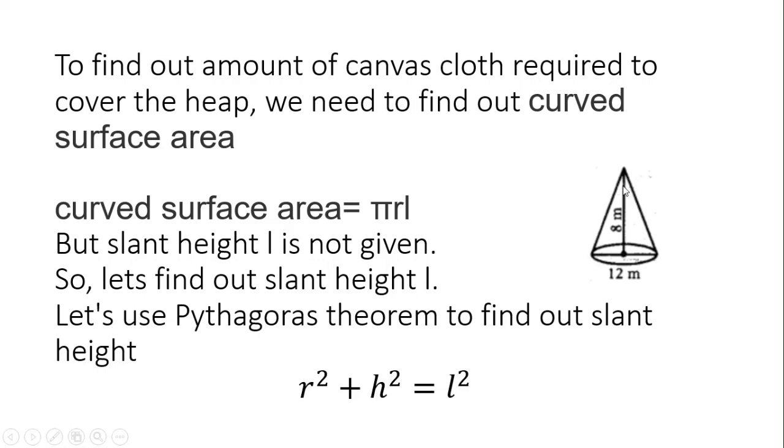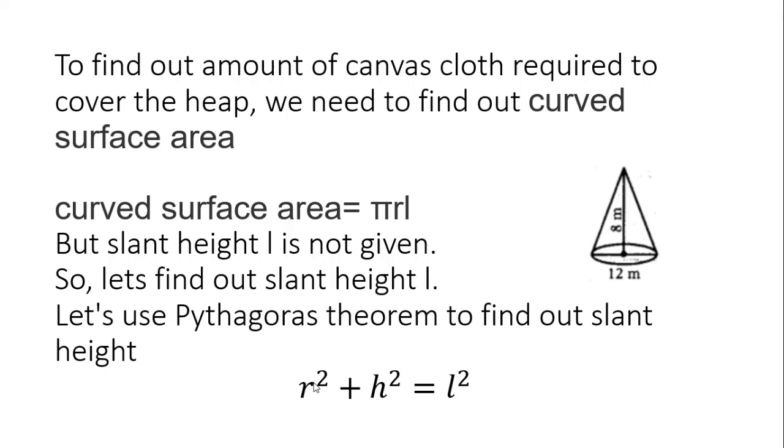So we know the fundamental basic property of the right circular cone. This is the slant height. So that slant height l can be found by using the Pythagoras theorem. Here l is not known, but r is known to us, and h is also known to us. h is 8 meters and r is 6 meters.